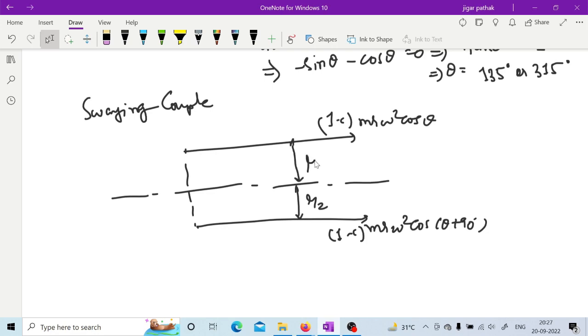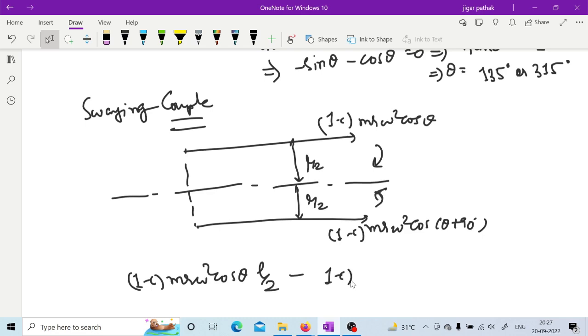So if these both are at L by 2 from the center line, then here we are discussing about couple, right? So if you take moment about the center line, then you are having swaying couple as (1 minus c) m r omega square cos theta times L by 2 minus, because here see the direction of couple is different. One is clockwise, other is anti-clockwise.